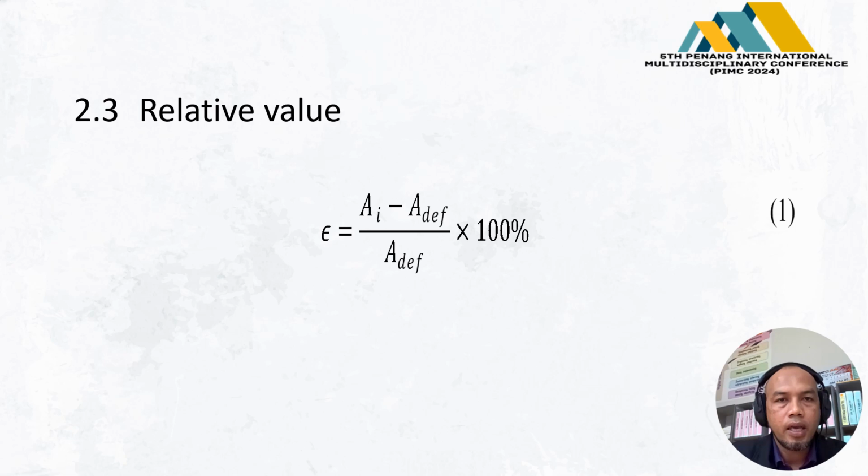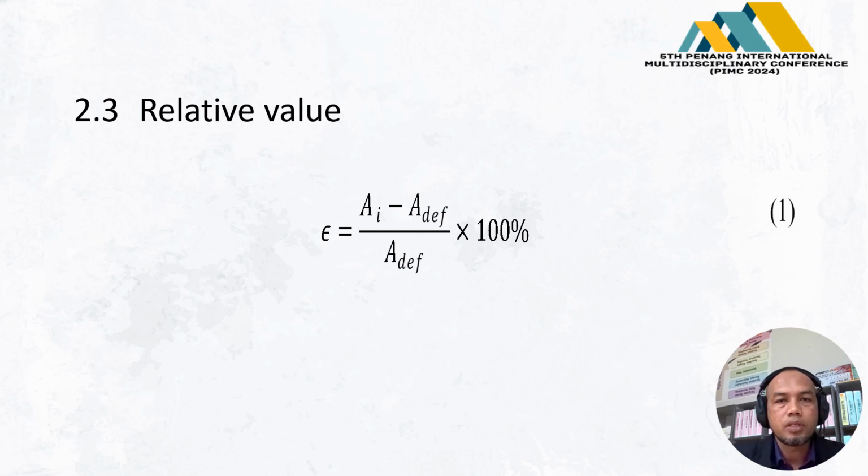Here, A_i denotes the specific value corresponding to each melt temperature, while A_ref represents the deflection and cycle time value at the minimum melt temperature of 210 degrees Celsius.